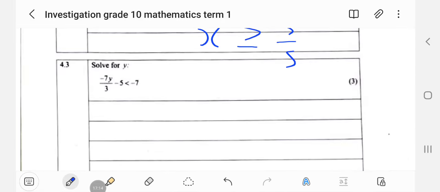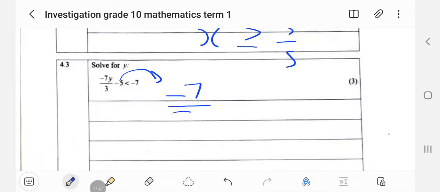Now, the next one. Let minus 5 jump the inequality so that we are only left with the term that has a variable, which is y. So we have minus 7 over 3 y, with the inequality, minus 7 then plus 5.